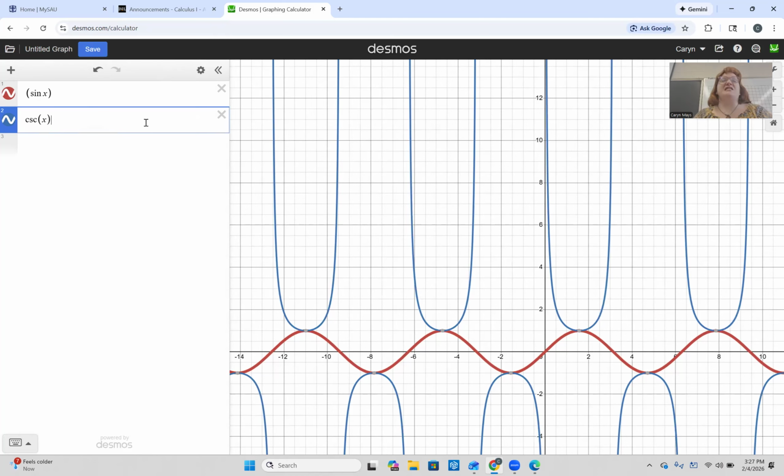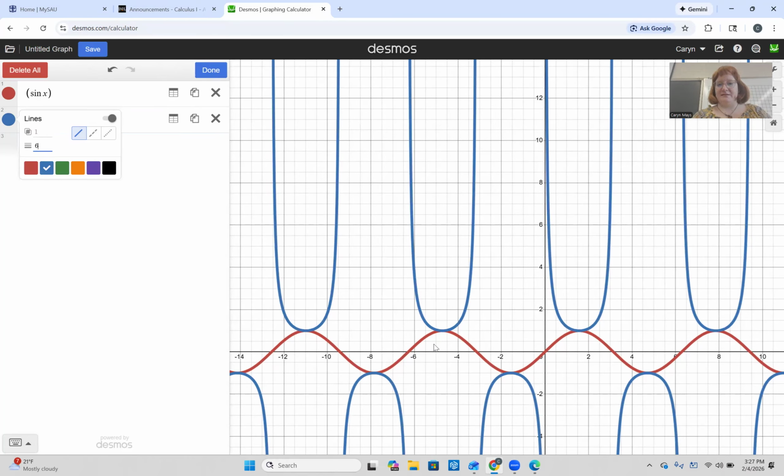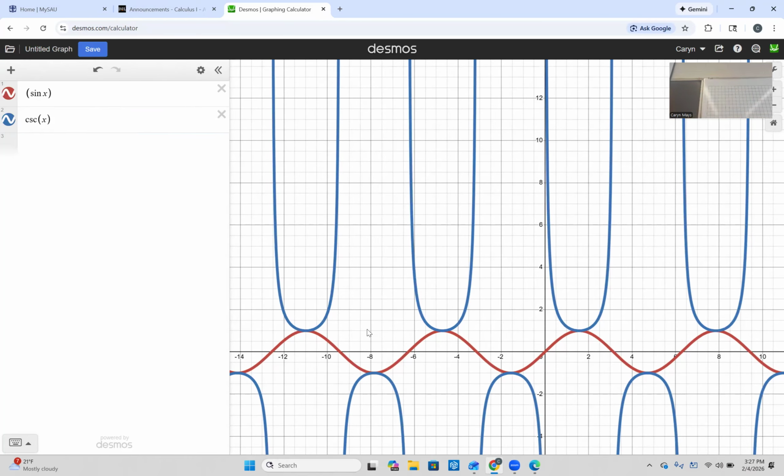They're a little hard to see because they're separated from each other, but sure enough, that's exactly what happens. At 0, here is our vertical asymptote going down and the other side of it going up. At pi, up, the other side's down.